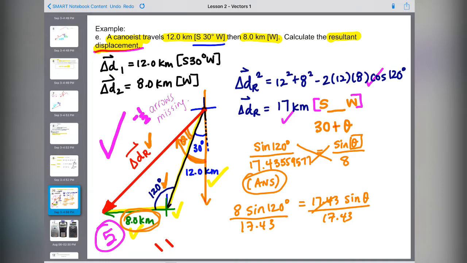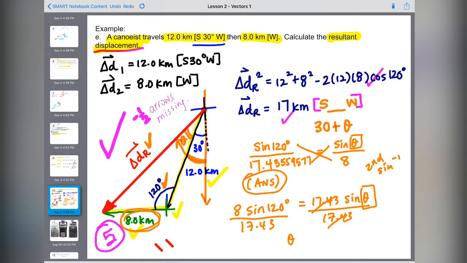So to punch it in the calculator, see these two cancel: 8 times sine of 120 divided by ANS, whatever was stored on your calculator. Then since sine theta equals this, to get theta on its own, you're going to have to go second sine, which is like the negative one of it.